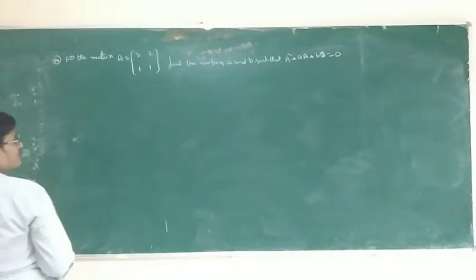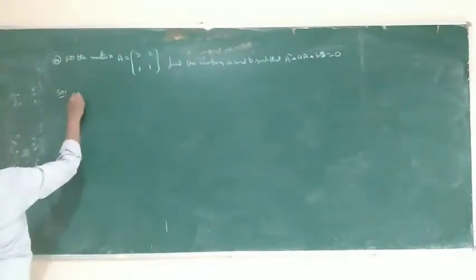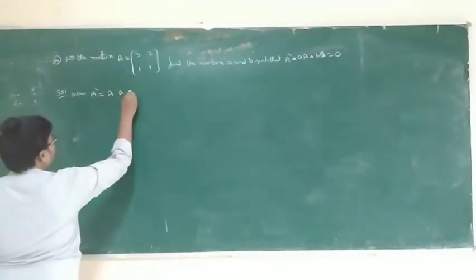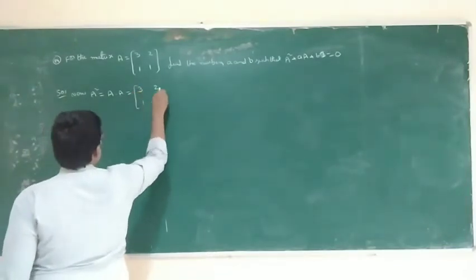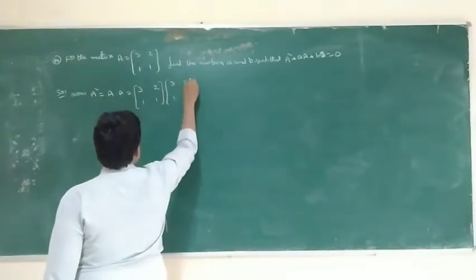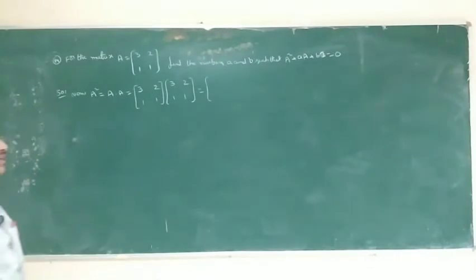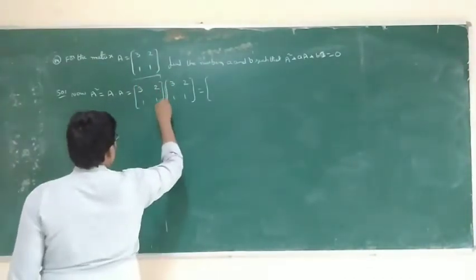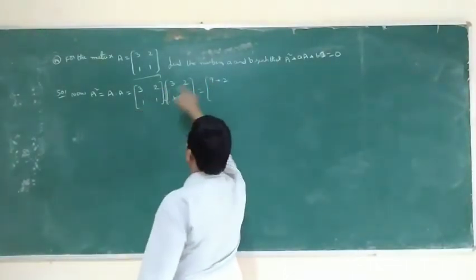First, find A square. A square is equal to A into A. A is equal to [3 2; 1 1] into [3 2; 1 1]. First row, first column: 3 into 3, 9, plus 2 into 1, 2, that is 11.